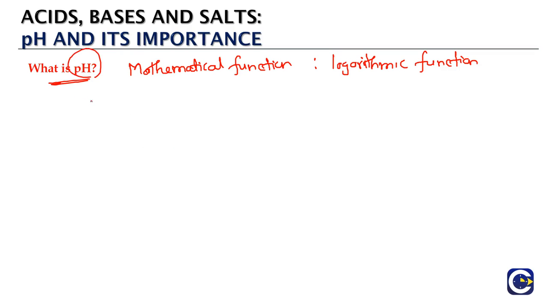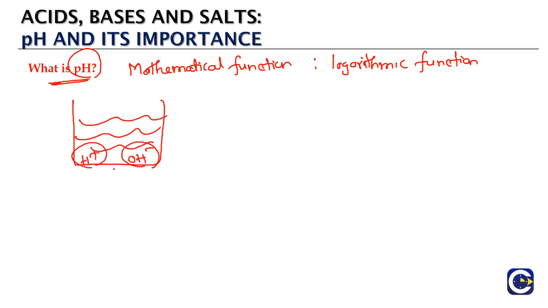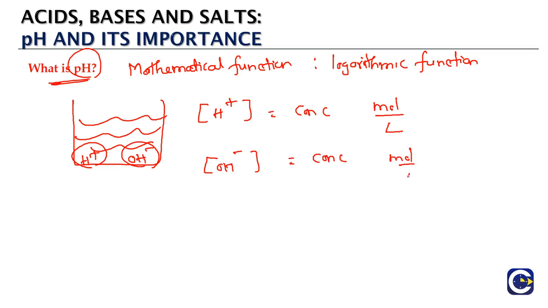First, whenever we take a solution, whether it is an acidic solution or a basic solution, we will have two kinds of ions, H plus ions and OH minus ions, dissolved in this particular solution. We can measure the concentration of H plus ions in terms of moles per liter, the number of moles of H plus ions present in 1 liter. And we can also measure the concentration of OH minus ions, which also will be in moles per liter.